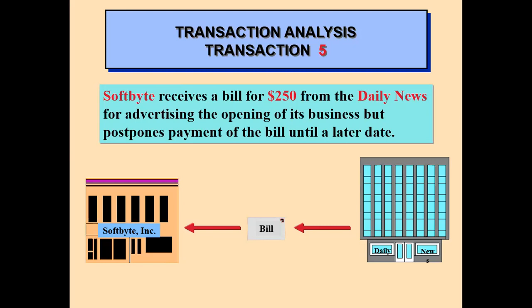So they received a bill for 250 taka. Daily News already published the advertisement on your behalf and gave you a bill, but you didn't pay that bill. You'll pay that bill on some later date. So this is an expense, we call it advertising expense, because the benefit is already consumed.